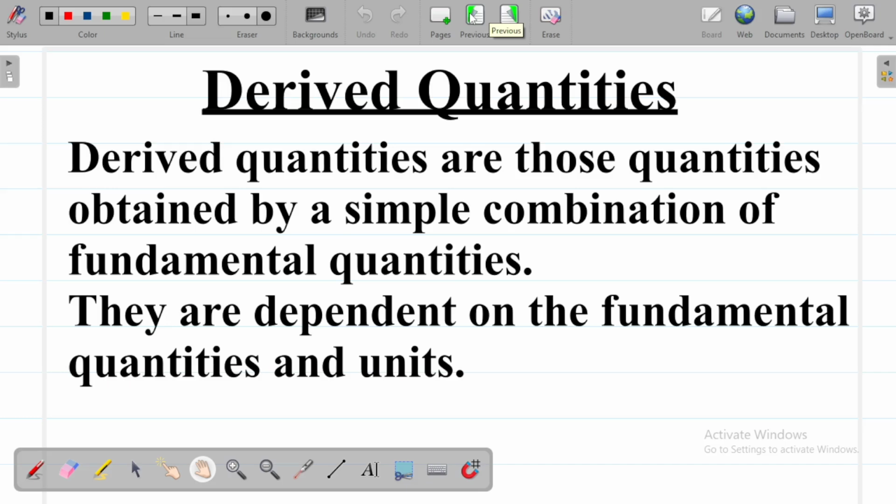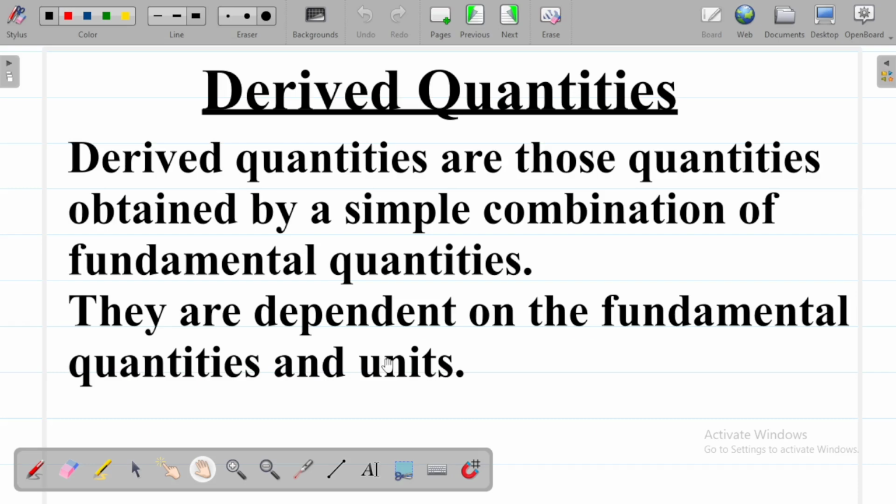Now let's consider derived quantities. What are derived quantities? Derived quantities are those quantities obtained by a simple combination of fundamental quantities. They are dependent on the fundamental quantities and units.